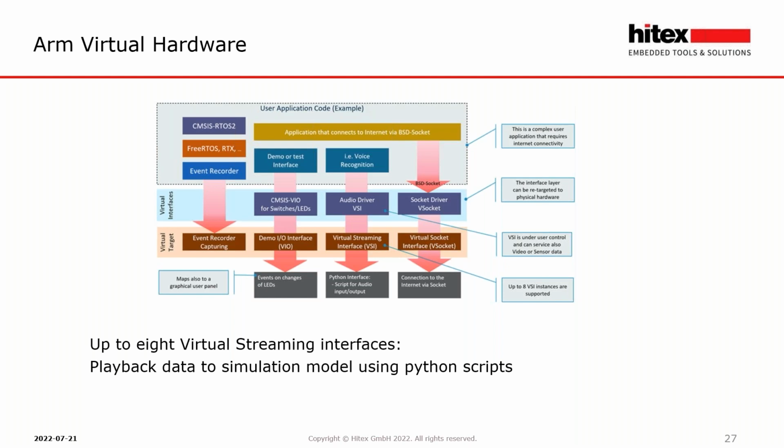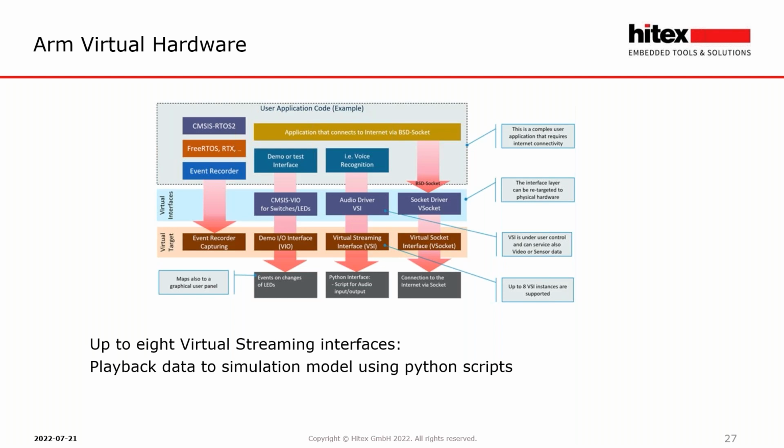So this allows us to develop a hardware abstraction layer, so that we have streaming interfaces, virtual socket interfaces, and CMSIS driver type interfaces that allow us to create a development environment that is divorced from the final microcontroller hardware. So we can develop a lot of code within simulation and also start to build up our test-driven development tests against the simulation model as well.